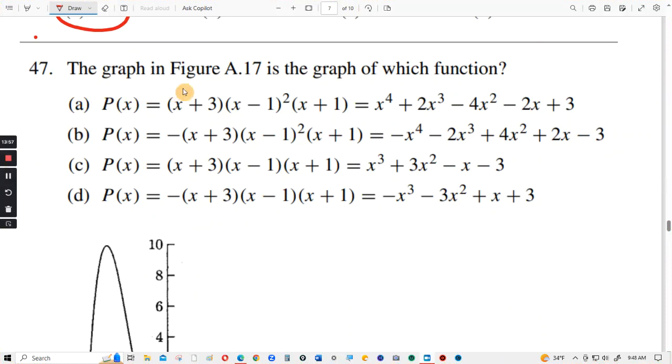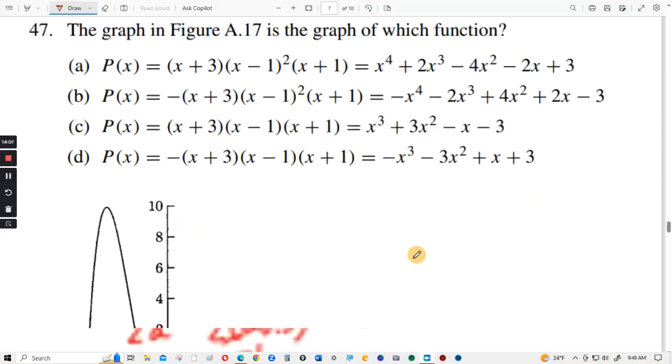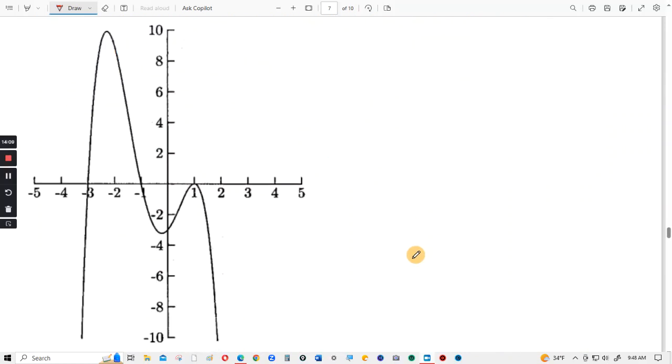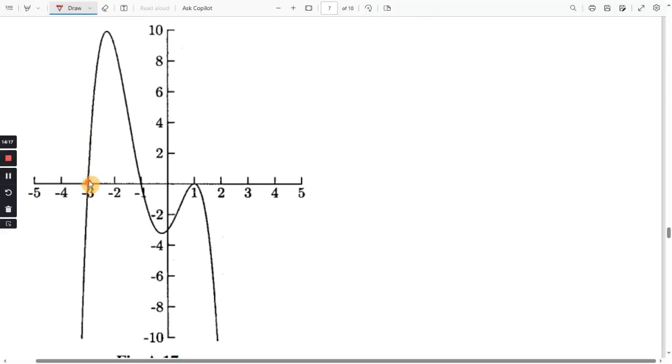47, the graph in figure A17 is a graph of which function? Okay, they give us the answers in factored form. So really this is probably all we need. We don't even need this, I'm willing to bet. Remember when the graph goes right through the 0, that exponent is going to be odd.